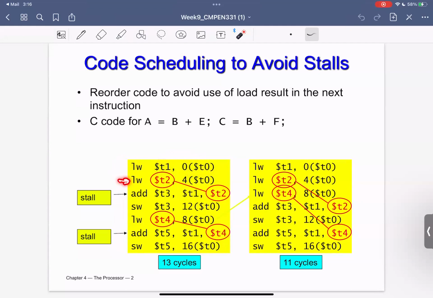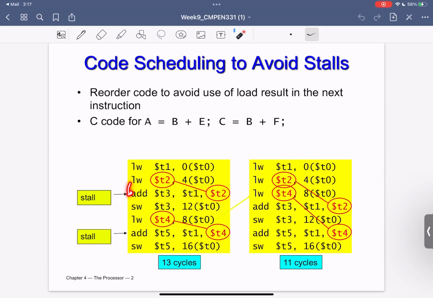The next instruction is not using the T1, but it's loading another data in the memory to a register called T2. Interestingly, the following instruction, which is add, is using the data that hopefully has been updated in that register, and needs to add it to the T1 and then put that in the T3.